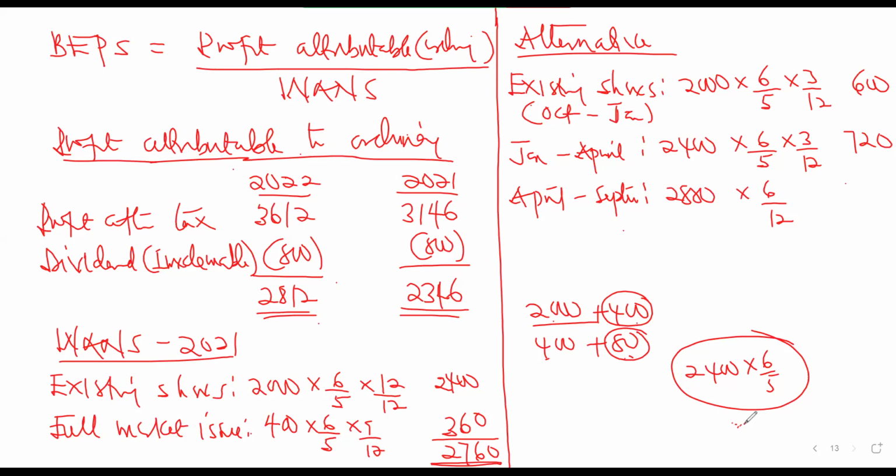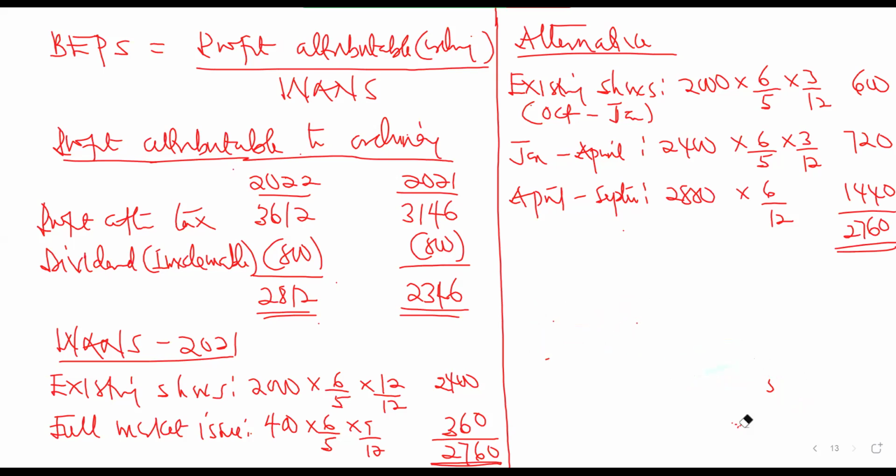I'm having 1,440 plus 720 plus 600. You have your 2,760. So any of them, but I normally find the second one to be too complex. But any of them that you are comfortable with, we are okay.